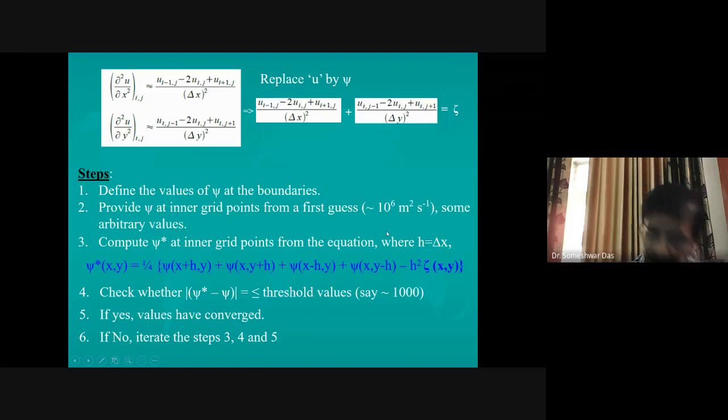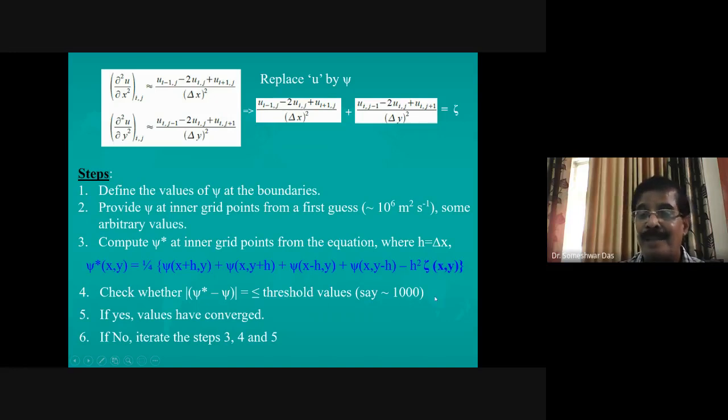In the case of stream function, 1000 is okay because the magnitude of stream function itself is about 10 to the power 6. This is only 10 to the power 3. This is reasonably good. We say epsilon, the threshold value, is nothing but the error tolerance. You are tolerating a difference up to 1000 because its order is 10 to the power 6. So you are tolerating a difference only up to 10 to the power 3, right? So it's okay, but it depends on what field you are using.